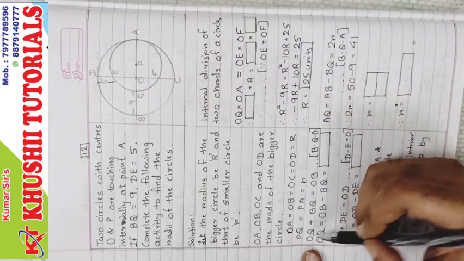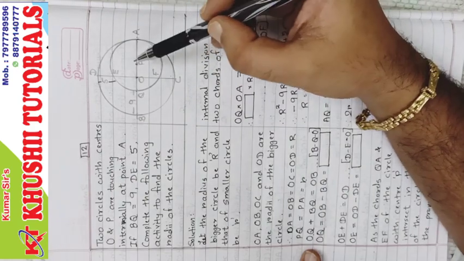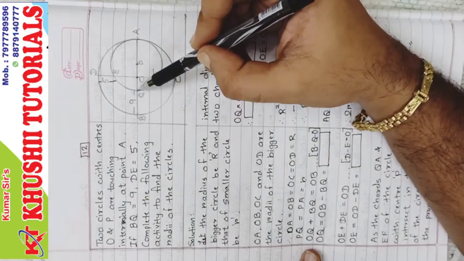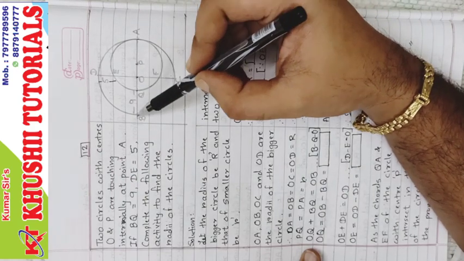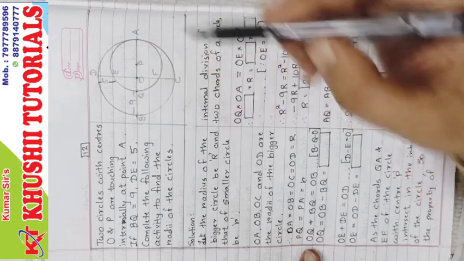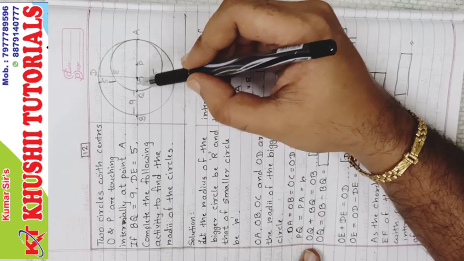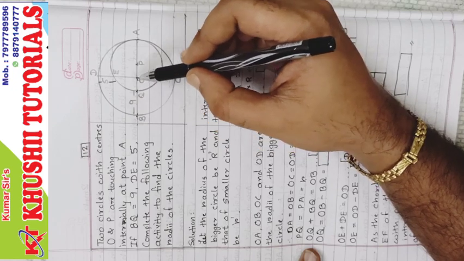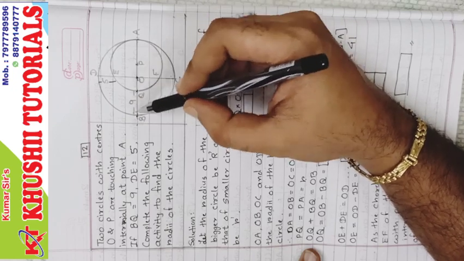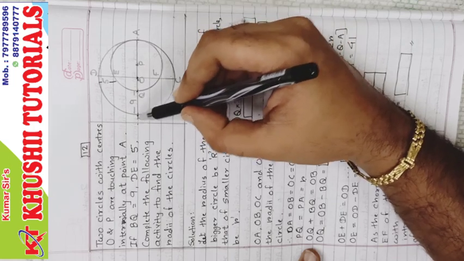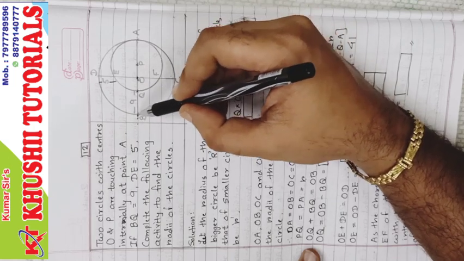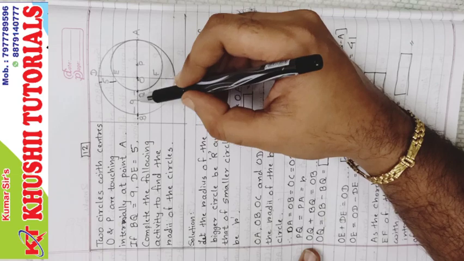Now OQ plus BQ equal to OB, right? OQ plus BQ equal to OB. So this OB is R. BQ is 9.